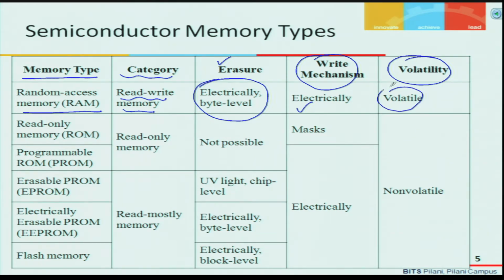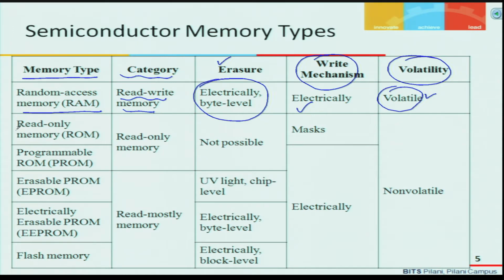Volatile means once the power is switched off to the system, the contents will be lost. So, that means it is a volatile memory. Contents will be lost when the power is switched off.